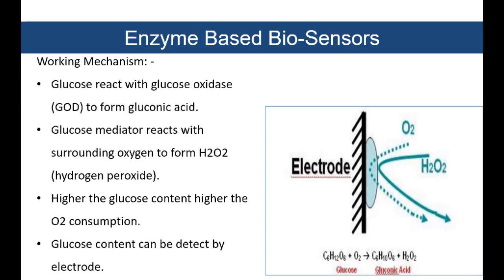As we can see on the right side of the image, O2 interacts with the glucose oxidase, forming H2O2 on the electrode surface, and that further gives the gluconic acid, which is measured by the electrode.